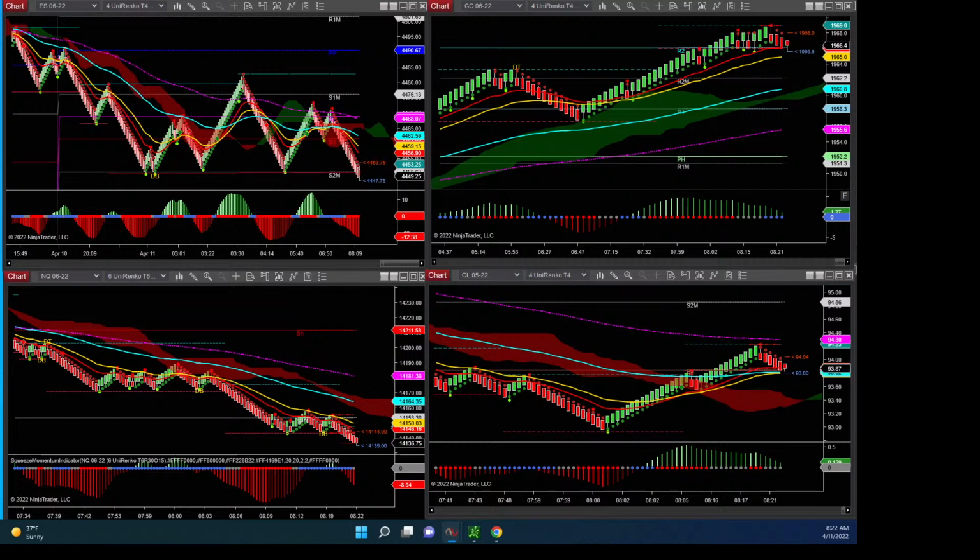So I see here momentum moving down in gold. Potential bounce out of the 21.